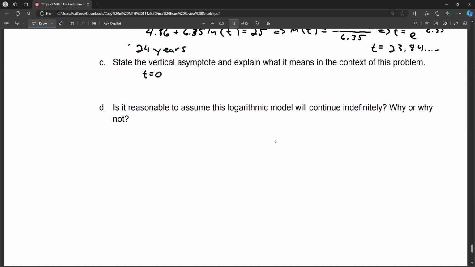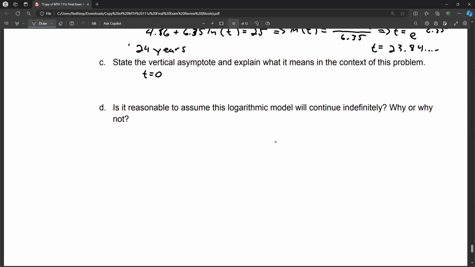And so for part D, it's asking us, is it reasonable to assume this logarithmic model will continue indefinitely? And if so, or if not, why or why not? You could come up with some ideas of what would happen in this scenario. We're talking about the growth of a tree.